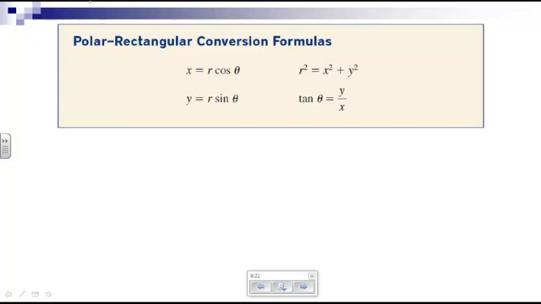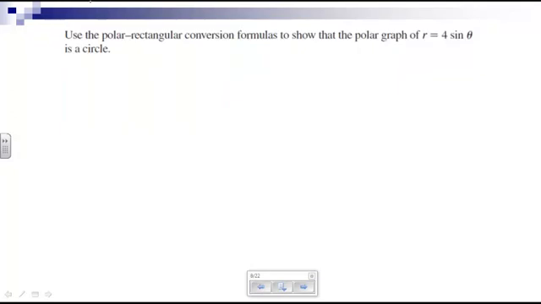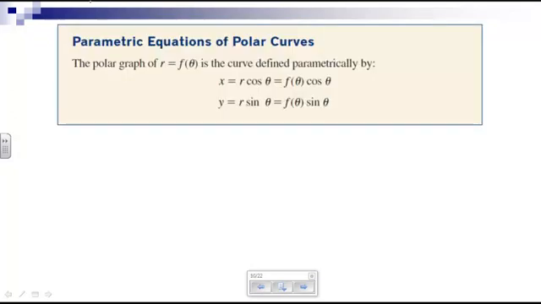All right, let's go on. We're going to skip that. All right. So, by the way, it may not be obvious, but polar coordinates are really just a sort of special parametric situation. Let's review this idea of parametric situations.